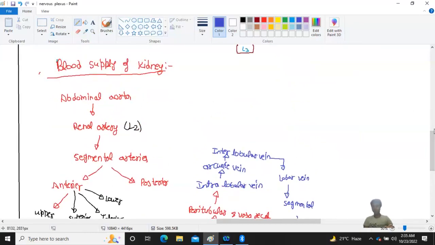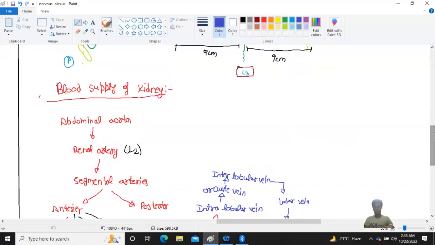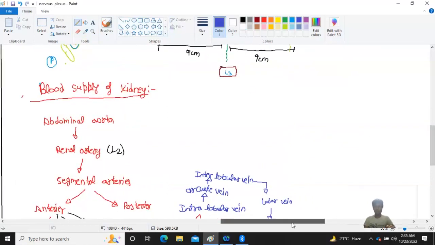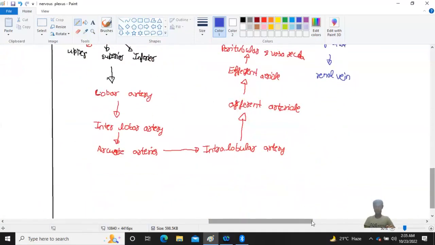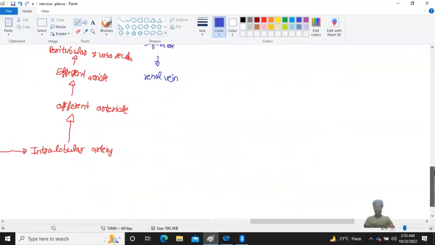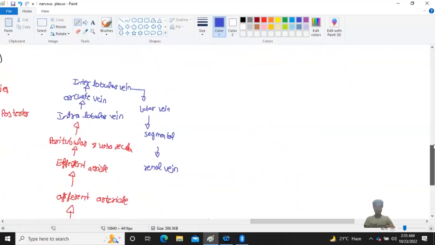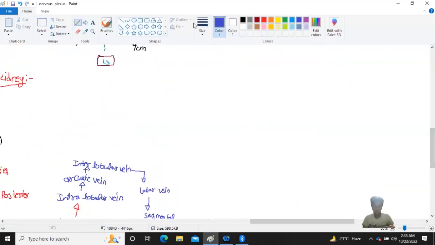Then first, how it is oriented. So for orientation we take a bigger section. First we draw the kidney, slightly bigger.